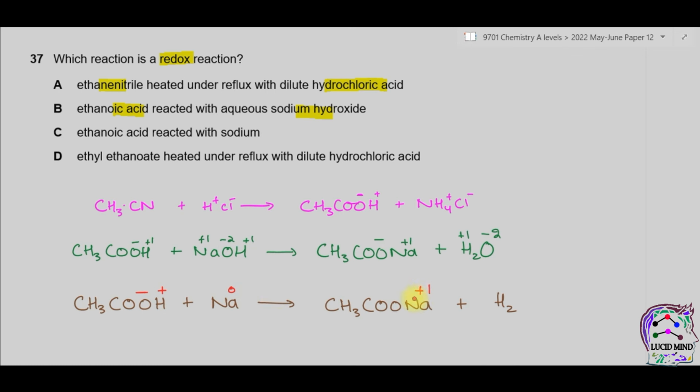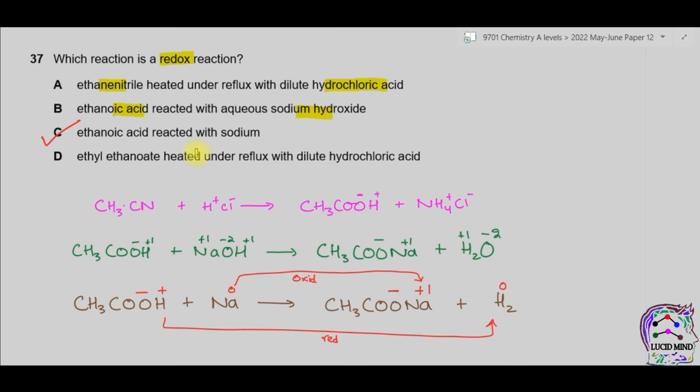Now Na becomes +1, COO is still negative, hydrogen in the form of a molecule is 0. So hydrogen goes from +1 to 0. So this is reduction. While sodium goes from 0 to +1, which is oxidation. So both oxidation and reduction are taking place. So therefore C could be the correct answer.